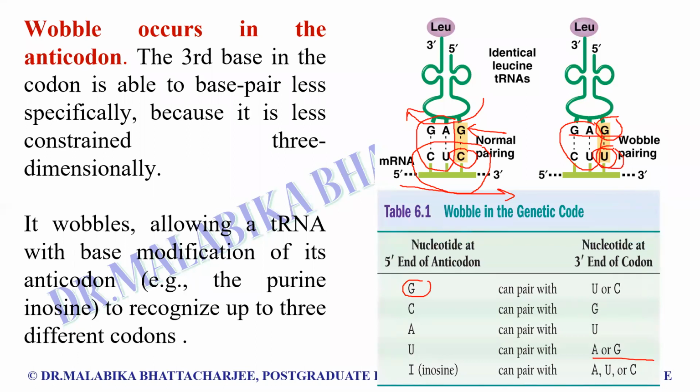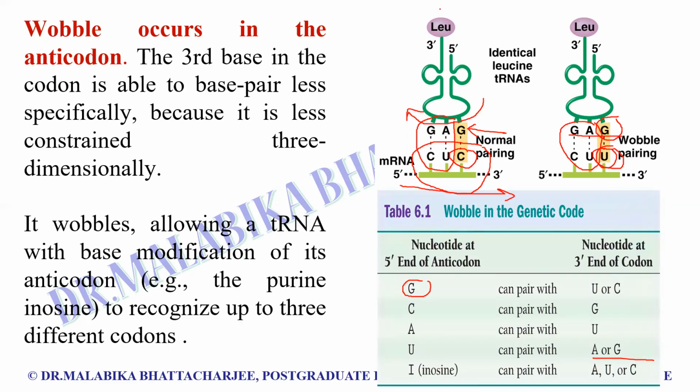Wobble pairing occurs with the 3' end base of the codon to the 5' end base of the anticodon. So this is a less constrained base pairing occurring between these two, and this was proposed by Crick and is famously known as the wobble hypothesis.